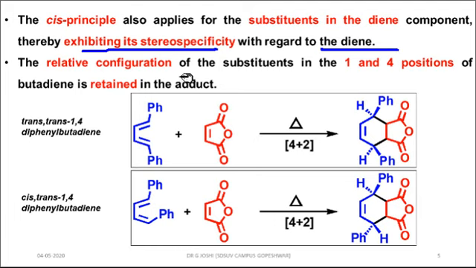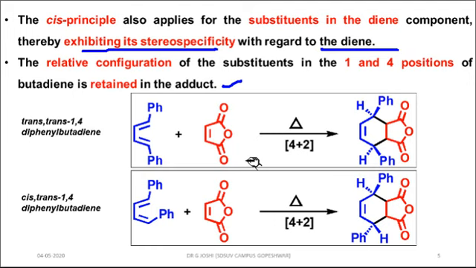The relative configuration of the substituents in the 1,4 positions of diene is retained in the product. For example, as shown here, trans,trans-1,4-diphenylbutadiene, when reacted with maleic anhydride, ends up with the product in which the 1,4 substituents are cis to each other.